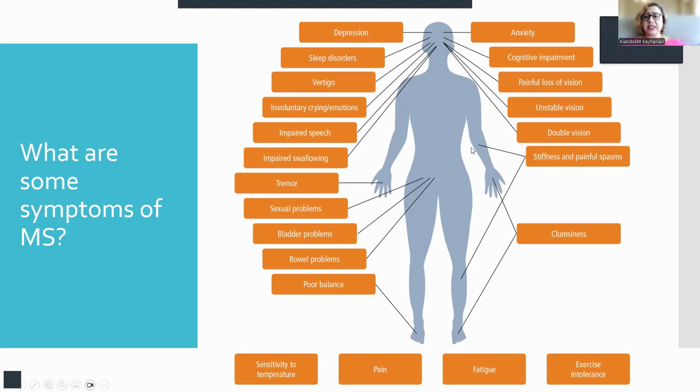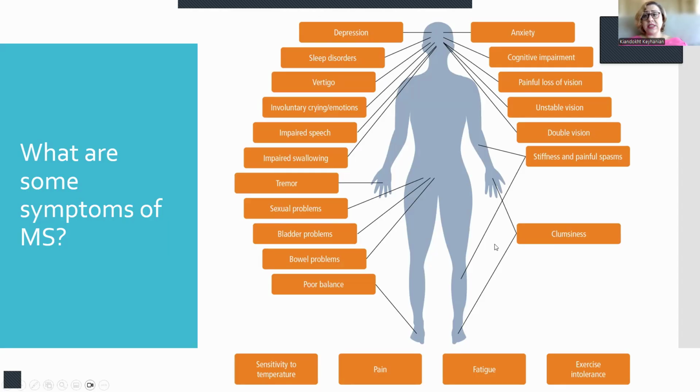There are other things like double vision, vertigo, a room spinning sensation, or a feeling of unbalance. Some people might have a problem with talking, or tremors sometimes, although lots of tremors are benign, but there could be a problem with MS and lots of other things.